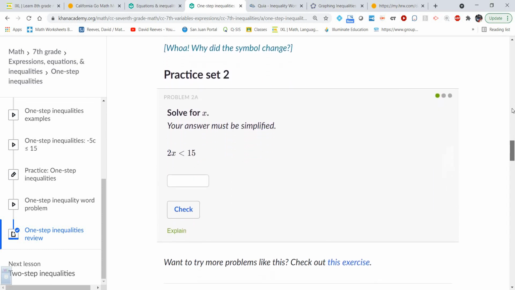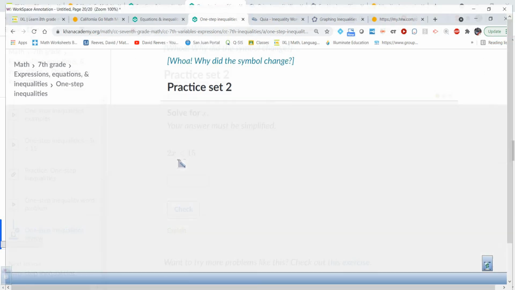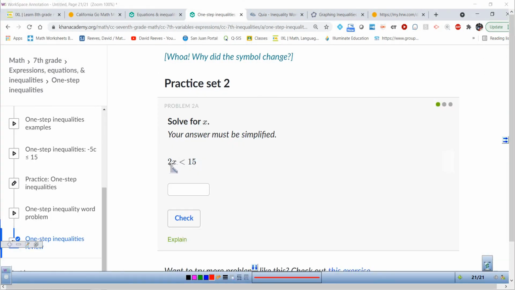Okay? All right, so if we take a look at this one, 2x is less than 15. What would I have to do? I'd have to divide both sides by 2. X is less than 7.5. The inequality was true, and it stayed true because I divided by what? I divided by a positive number.